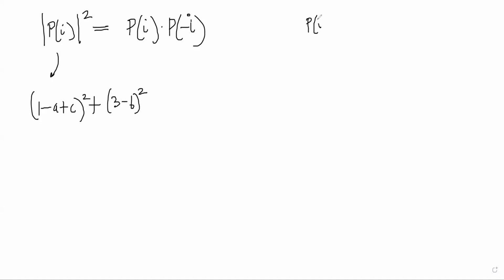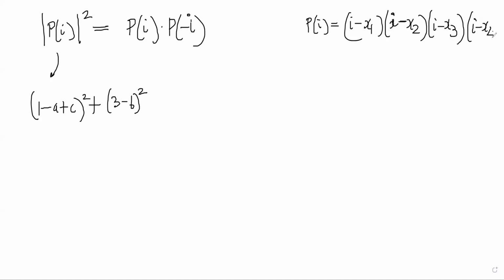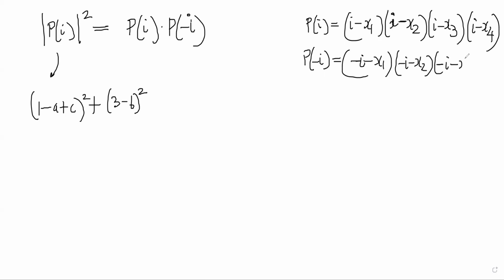And if you think of p of i, with x1, x2, x3, x4 as the roots, it will be (i minus x1)(i minus x2)(i minus x3)(i minus x4). And p of minus i would be (minus i minus x1)(minus i minus x2)(minus i minus x3)(minus i minus x4). So you can take minus common from each of these terms, and this is i plus x1 and this is i minus x1.